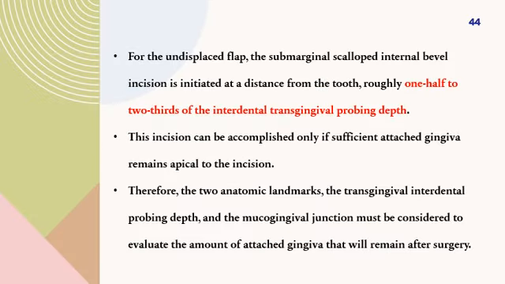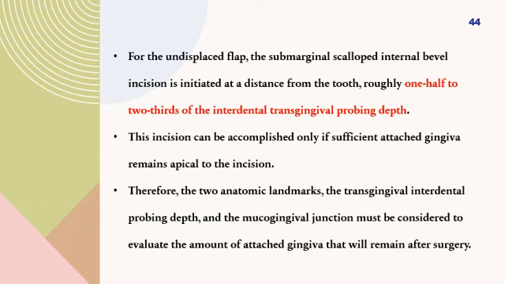For the undisplaced flap, the submarginal scalloped internal bevel incision is initiated at a distance from the tooth, roughly 1/2 to 2/3 of the interdental transgingival probing depth. So if my interdental transgingival probing depth is 6 mm, the distance of the submarginal incision in the mid-buccal or mid-palatal area is going to be 3 to 4 mm if there is sufficient attached gingiva.